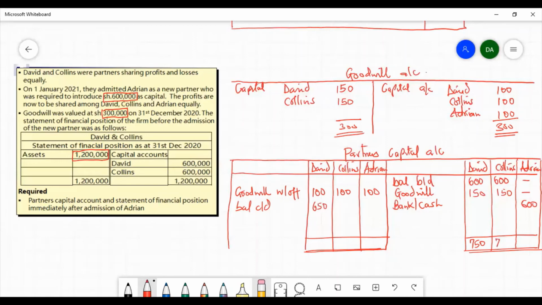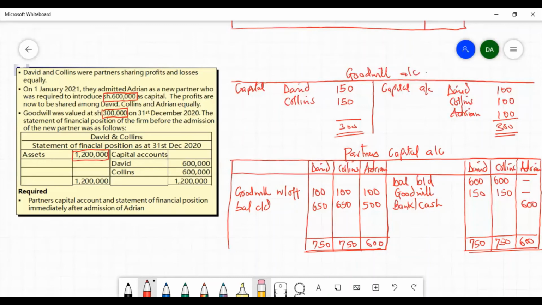For Collins, the total is 750,000, already written off 100,000. Therefore, 650,000 is remaining. And for Adrian, the total is 600,000, already written off 100,000, remaining 500,000. So the total here is 750,000, 750,000, and 600,000. That is after goodwill has been written off.